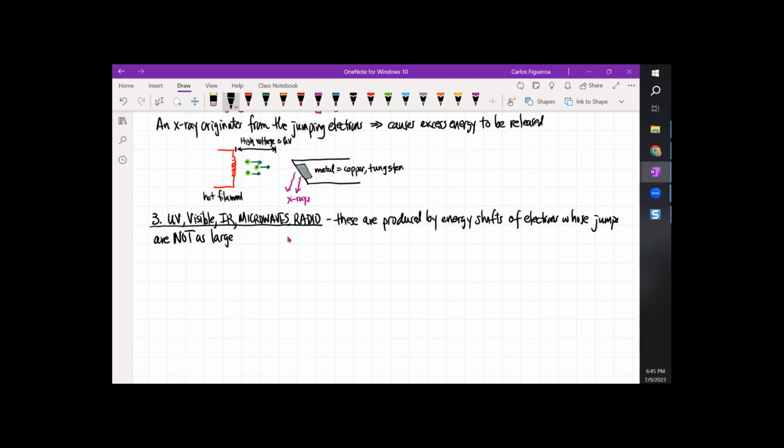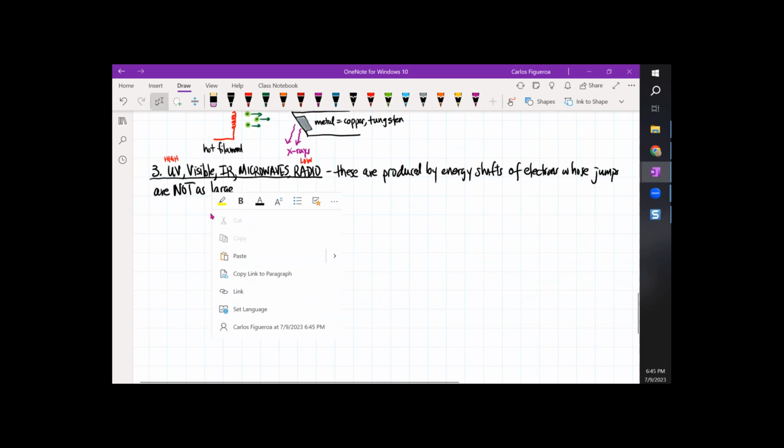So when you look at the energy, it turns out that UV is higher energy than visible, infrared, microwaves, and radio. So in this end here, this guy right here is going to be the relative high end for these, and this is going to be the lower. So the higher the jump, the closer you're at UV lights. The lower the jump, the closer you are to infrared here. So this is all relative here.